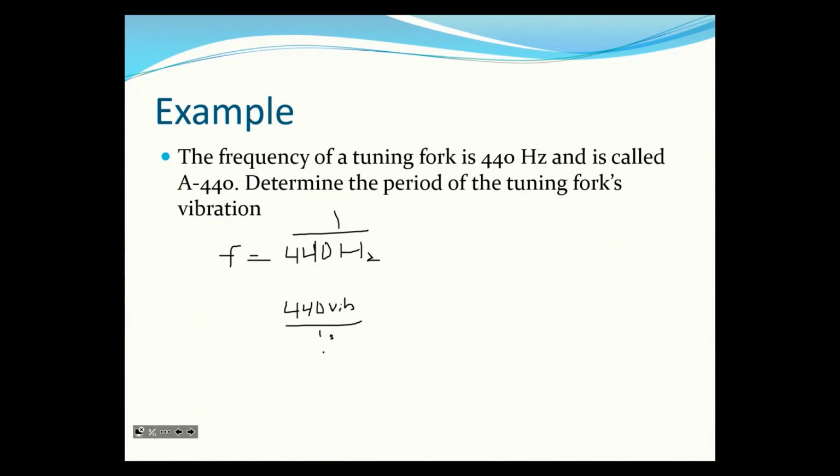So our period should be really small. We want to know how long it takes to do 1 vibration. Well, if we go 1 over 440, we end up getting 0.00227 seconds, with 3 sig digs, and that's how long it takes to do 1 vibration. So that's our answer.